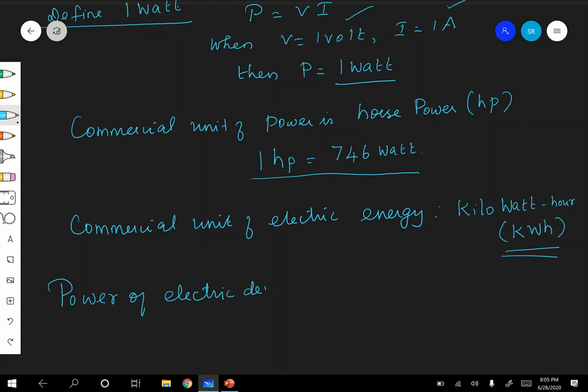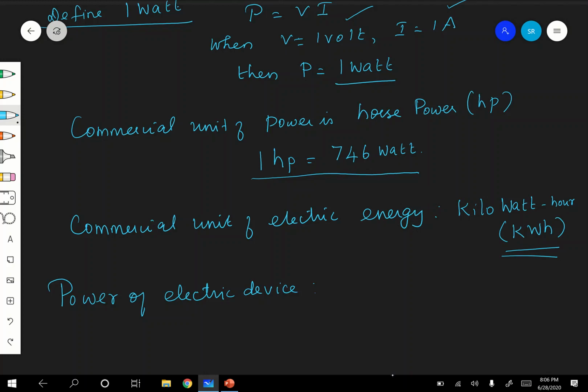Power of an electric circuit is the rate at which work is done or energy is supplied by the source in maintaining the current in the circuit, so it is associated with the source.